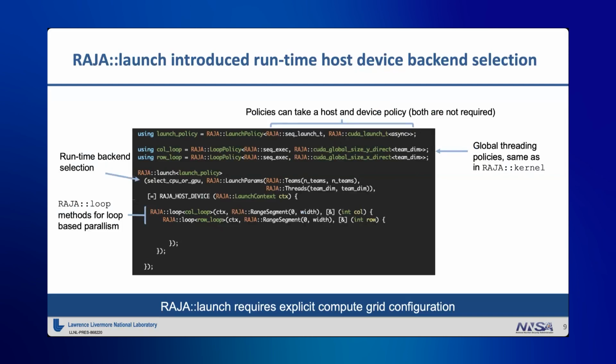We also have, I'm forgetting the name, I think it's called dynamic forall method, and it's basically a very similar idea where if you have a single loop level, you can give it a list of policies, and then you can choose which policy you want to execute at runtime. It's under an experimental namespace, but the capability is there.